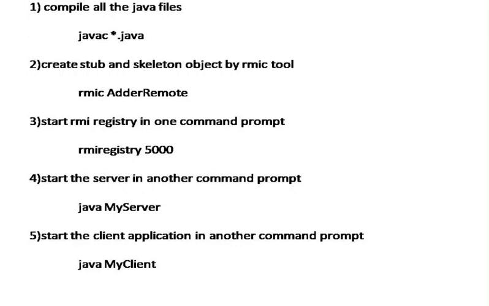We have created only 4 files: interface, implementation, server file, client file. After compilation, you will see the interface class file, implementation class file, stub, skeleton, server and client. So 6 more class files would be generated for this.